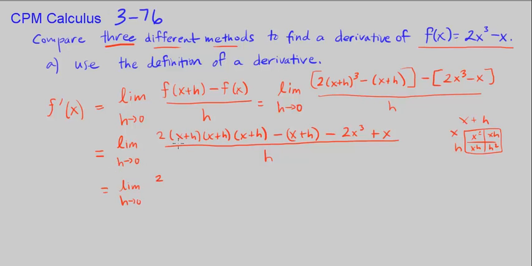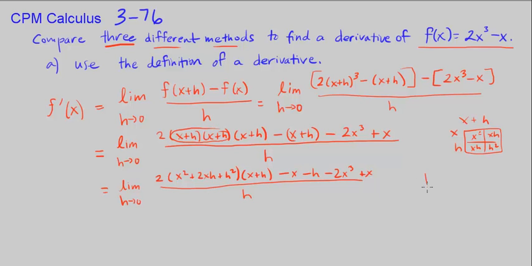So we have 2. Well, now we just did x plus h times x plus h. So that's going to be x squared plus 2xh plus h squared, right? Times x plus h. Let me simplify this, so let's distribute the negative here. Minus x minus h minus 2x cubed plus x all over h. Okay? So again, we have to multiply this times x plus h.